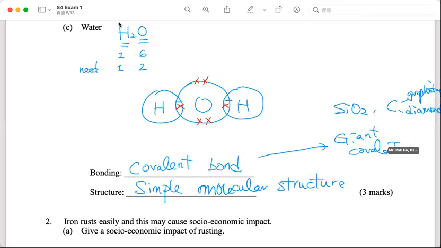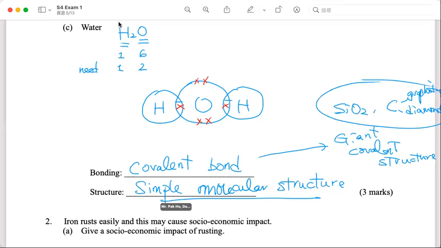We just have to remember these three: SiO2, carbon in diamond form, and carbon in graphite form. Except for these three, all of them have a simple molecular structure.